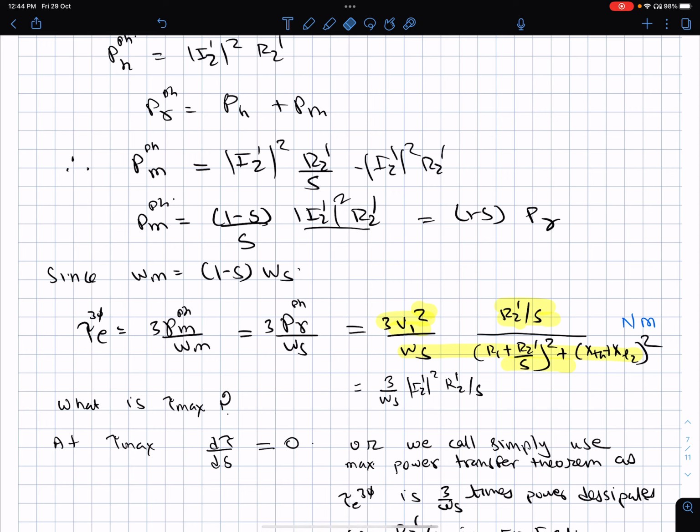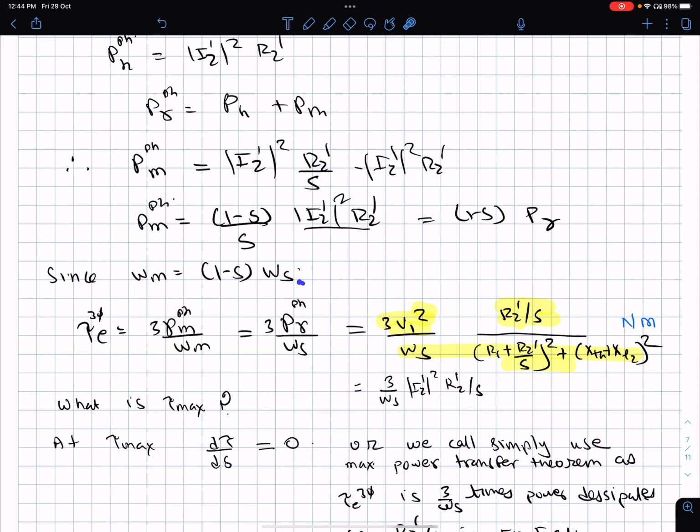so 1 minus s will cancel out, and Pr by omega s will become the torque which is being produced on the rotor with a factor of 3, because the rotor is reacting to all the three phases, because all the three phases are mounted on the rotor.